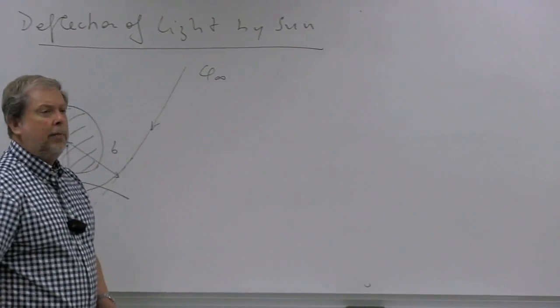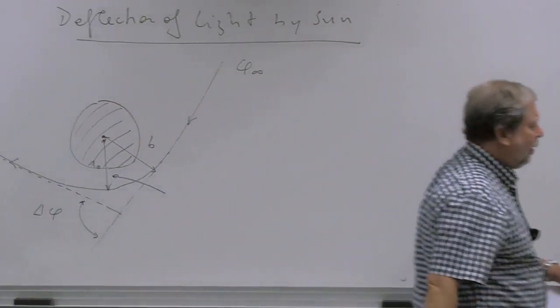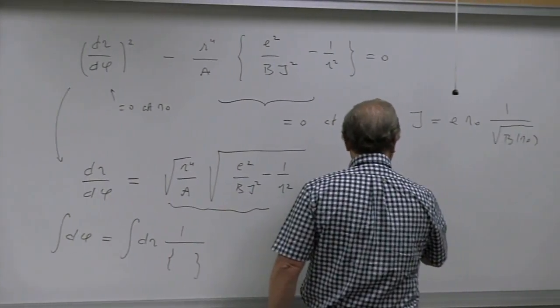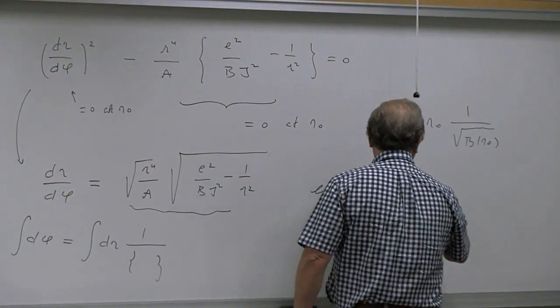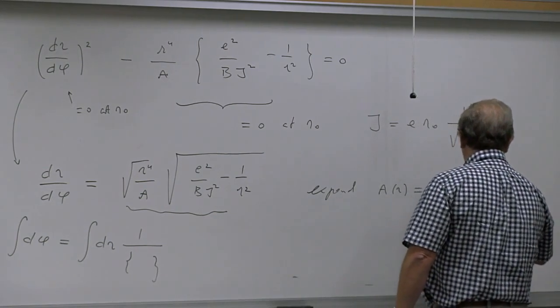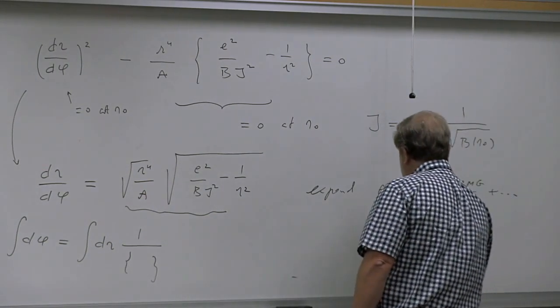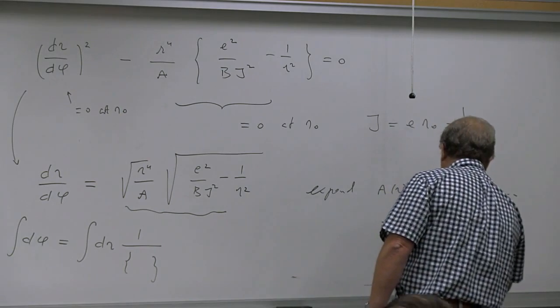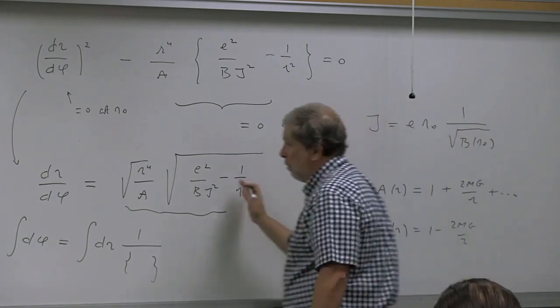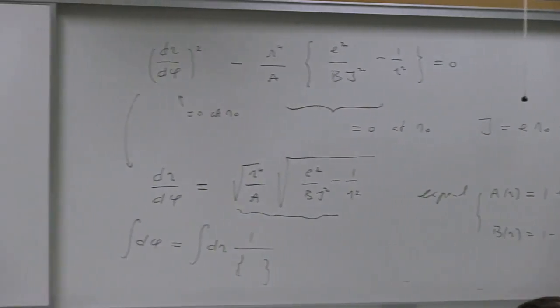Again, you use the weak field limit. So expand again to do these integrals. Expand a of r is equal to 1 plus 2 mg over r plus dot dot dot, and b of r is equal to 1 minus 2 mg over r. When you expand it out, the integral is fairly doable.